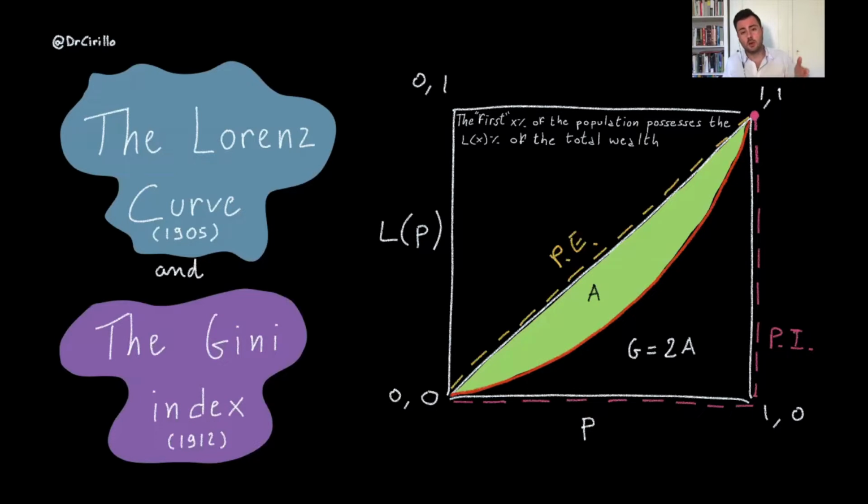So, in an economy where the Gini index is equal to 0, we're essentially considering the communist situation. In an economy in which the Gini index is equal to 1, we are considering the tyranny, okay? And all the other values will give us different combinations of the wealth within our economy among the individuals.